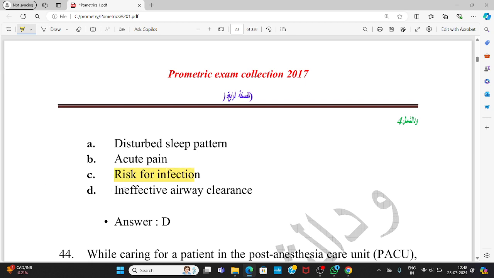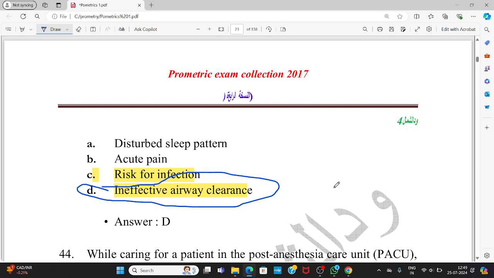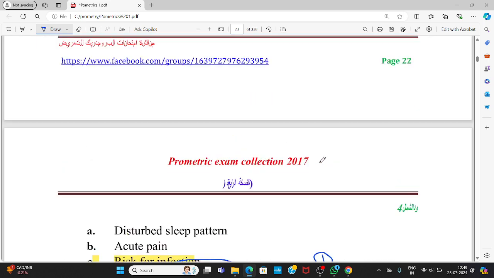One is risk and other one is ineffective airway clearance. But this is just a risk. So this will be eliminated. Whereas ineffective airway clearance, for sure the patient immediately after the surgery will have ineffective airway clearance. And this is the priority, okay.